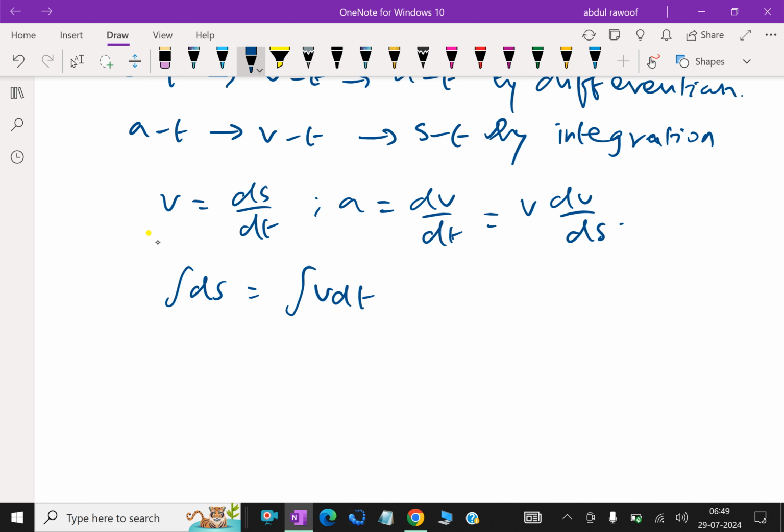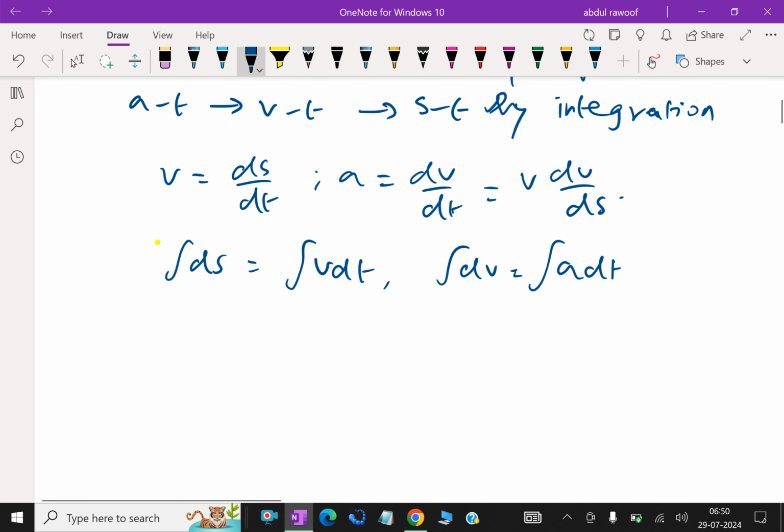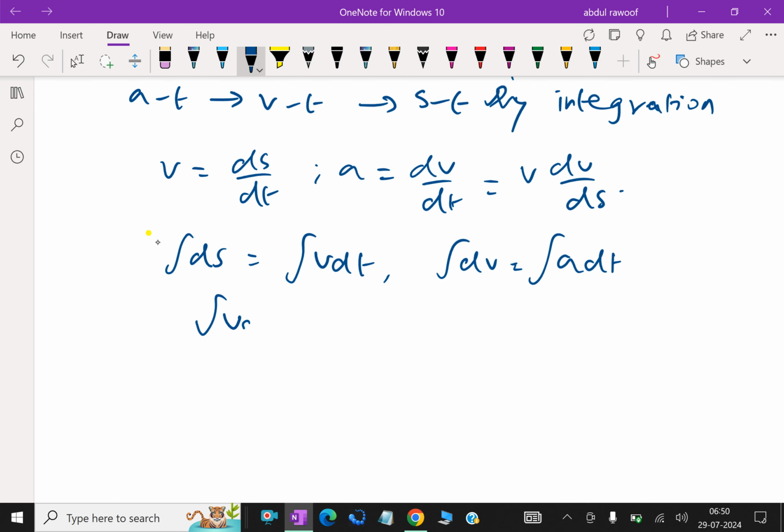Further, integral dv equals integral a dt, and integral v dv equals integral a ds. By using this integration, we can find the respective quantities.